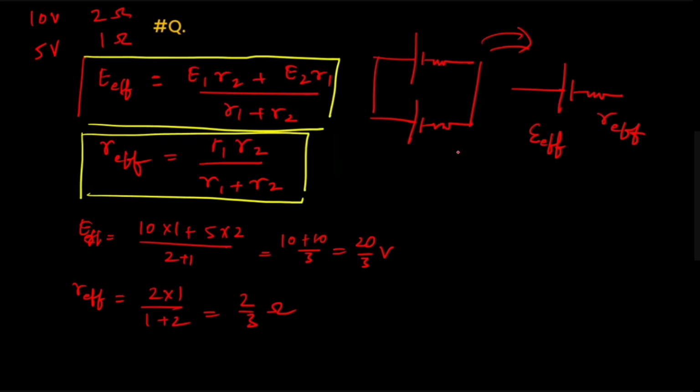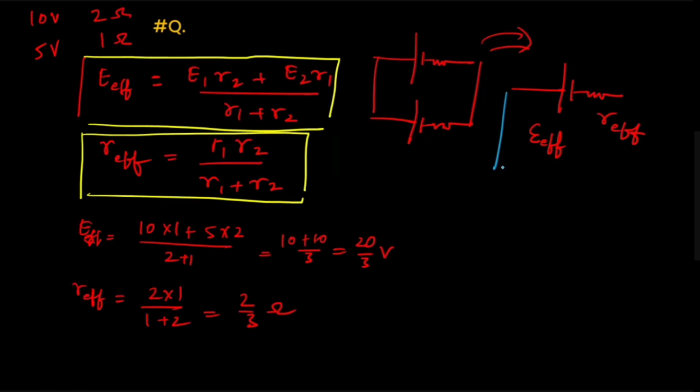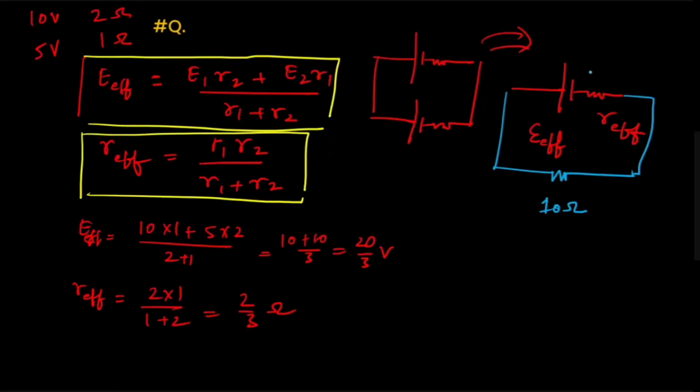Now we'll simply apply Ohm's law and find out the current passing through that 10 ohm resistor. Again, the circuit would look like this when we have the final appearance. So this was just that 10 ohm resistor, which is connected to this effective battery, and we'll apply Ohm's law, which is V is equal to IR.